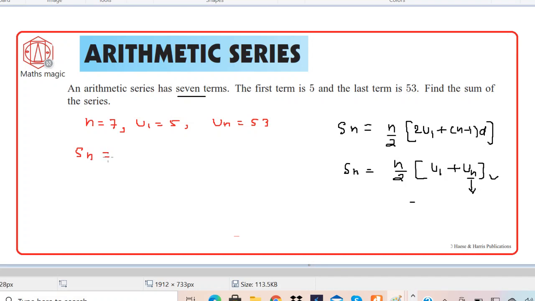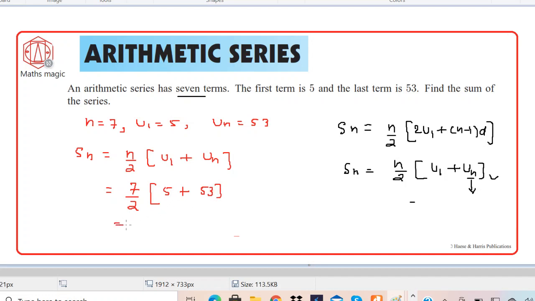Sn is equal to n by 2 times (u1 plus un). So n over here is 7 by 2, u1 is 5, and then it's 53.